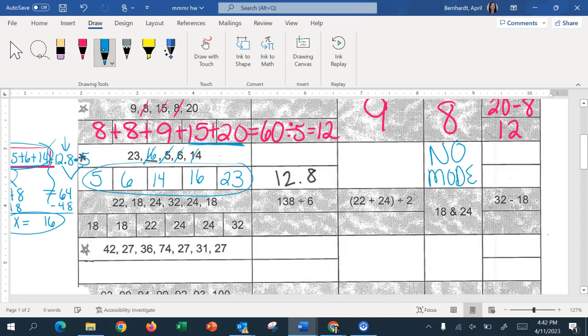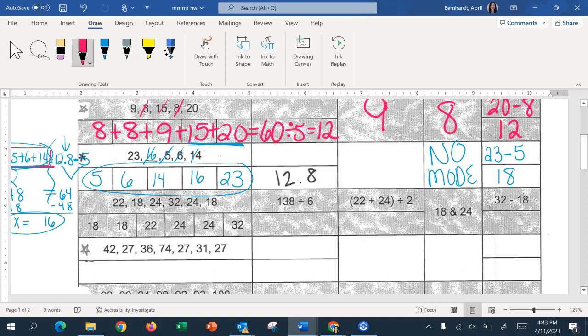There isn't one, and that's possible. Range, I'm going to take my maximum data value, 23, minus my minimum data value, 5, and I get the range is 18. So basically the distance between the smallest number and the highest number in our data set is 18. And then next, let's do the median.